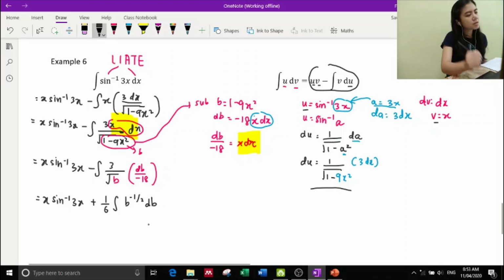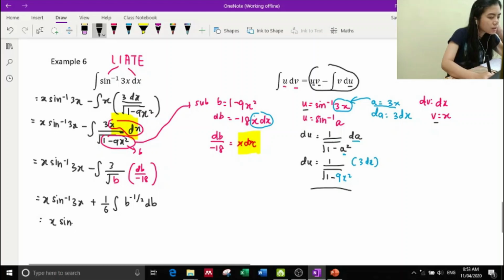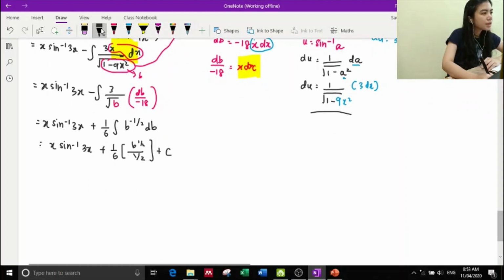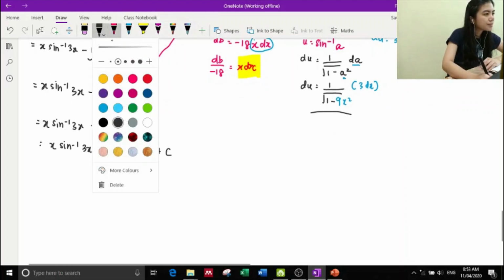Now you have something that is very easy for you to integrate. If you integrate this one, basically plus 1, so you have b to the power 1 over 2 over 1 over 2, plus c here. Let's go down.